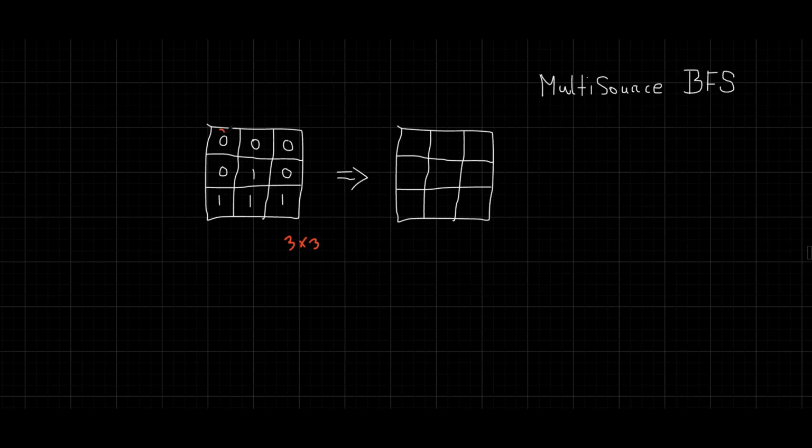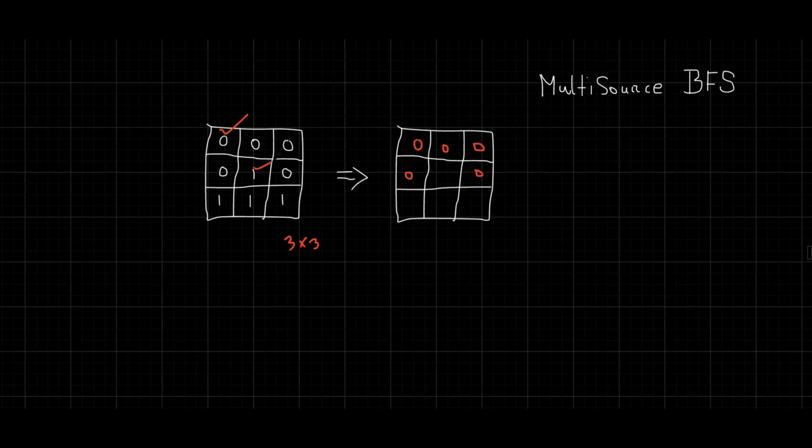Suppose currently we are at this cell 0. What is the distance of the nearest cell which is equal to 0 from this cell? It is 0 because the cell itself contains the value 0. Similarly, for these 5 cells, all of them will be 0.